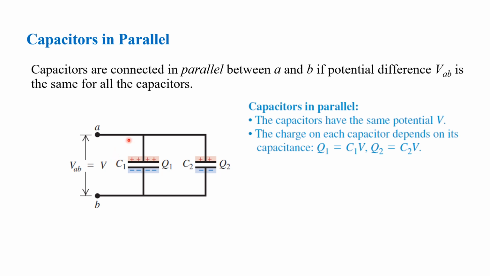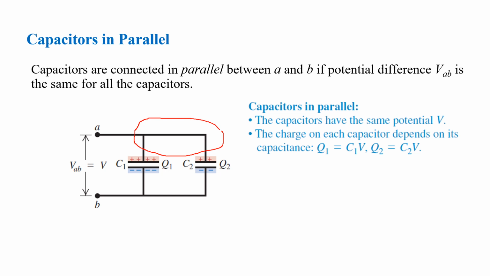So they are different from capacitors in series, where capacitors in series have the same Q. Here, capacitors in parallel have the same potential V. That is because at this side, these are actually just equipotential surfaces.